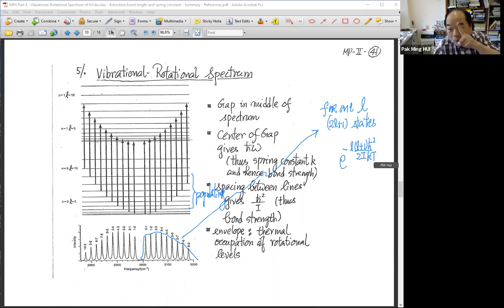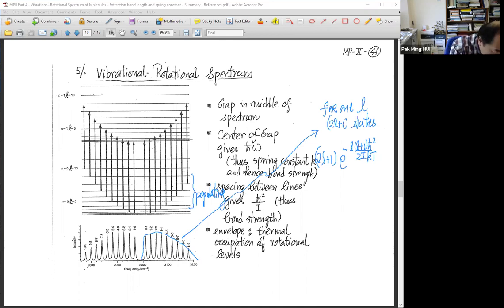That is for one state. But now for a given L, actually you have 2L plus 1 in front, because you have 2L plus 1 states hidden under L.